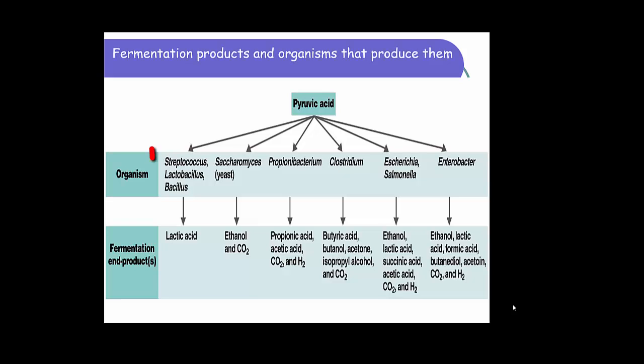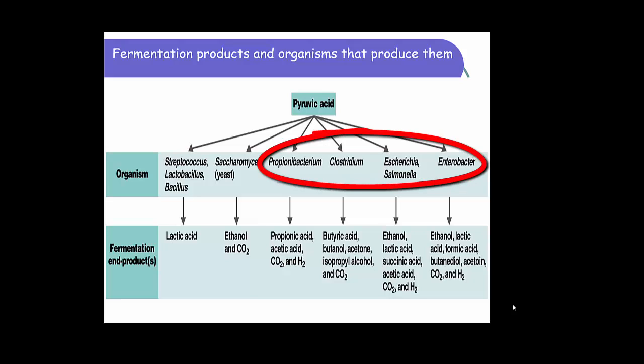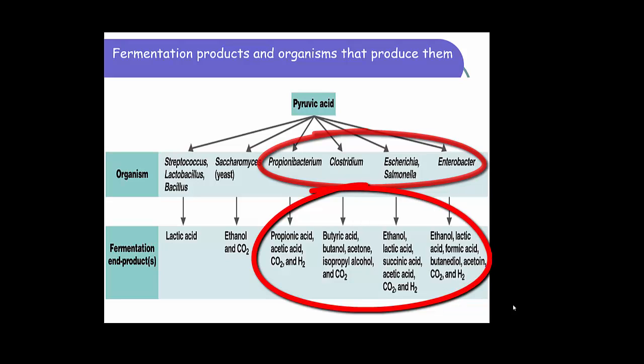For example, Streptococcus, Lactobacillus, and Bacillus all produce lactic acid as the end product of fermentation. Saccharomyces, which is the common bread yeast, produces ethanol and CO2. Why does bread dough rise? These other bacteria, which are some examples, produce a variety of acids and or alcohols.